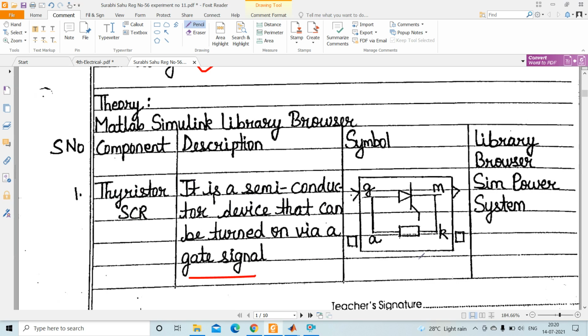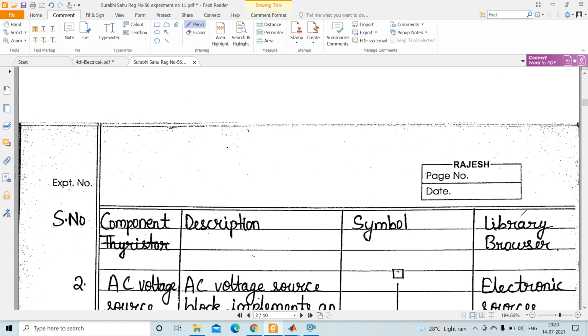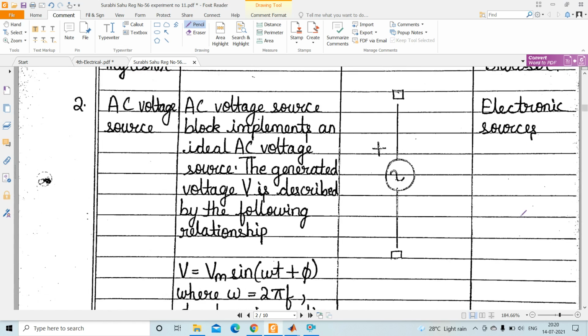This is the symbol for the thyristor in the Simulink library browser, and its source link is the SimPowerSystems. I will show you everything. Then the next one is the AC voltage source. This is the symbol for the AC voltage source. It is present in the sources section.